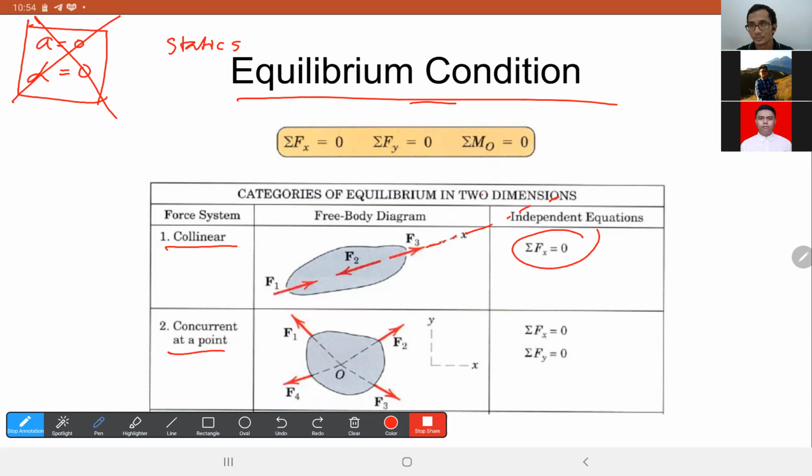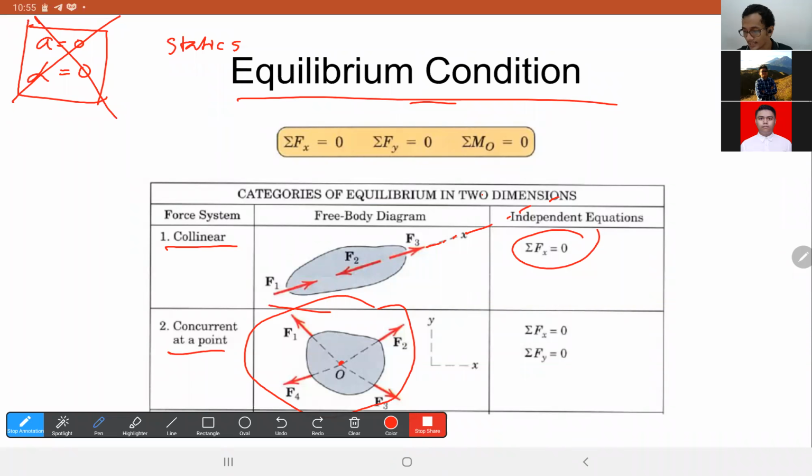This is the same problem as the one you are solving in our homework number one. All the lines of action of the forces on the body, if you extend them, will meet at one point like this.